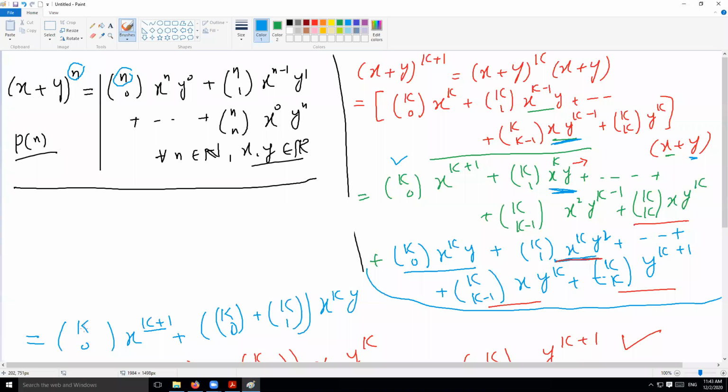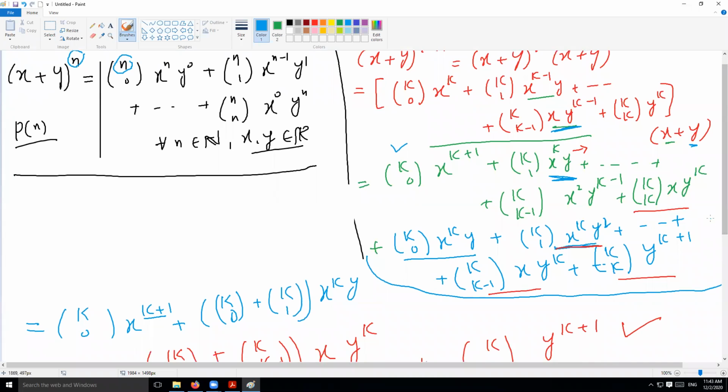But you can prove that if you compute k plus 1 choose 0, this is going to be 1 by definition, and this is the same as k choose 0.